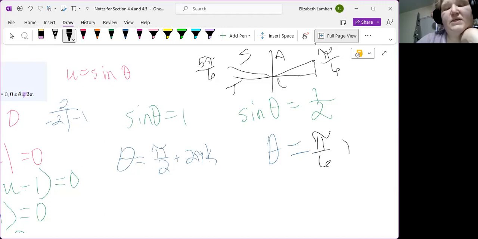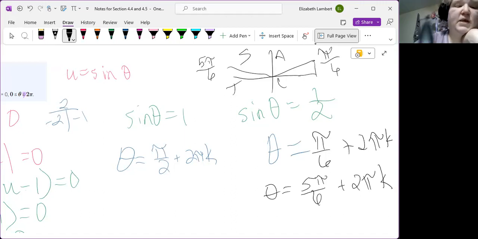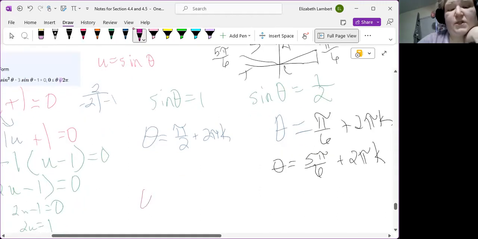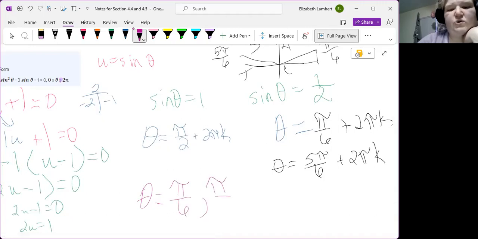So we have pi over 6 plus 2 pi k, and we have 5 pi over 6 plus 2 pi k. Now they only said between 0 and 2 pi, so our actual final answer is just those ones we found on the unit circle. So we have pi over 6, pi over 2, and 5 pi over 6.